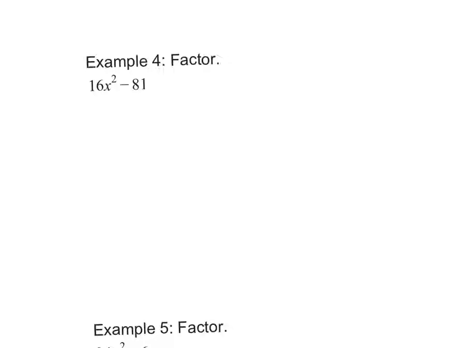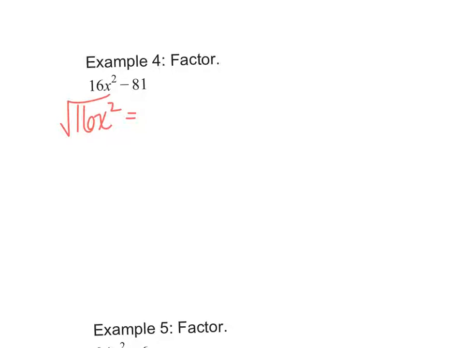All right, so I've got 16x squared minus 81. So again, I have a difference. As long as these are both perfect squares, I can write this as the difference of 2 squares, so I can write the factors. All right, so let's see here. I've got 16x squared.